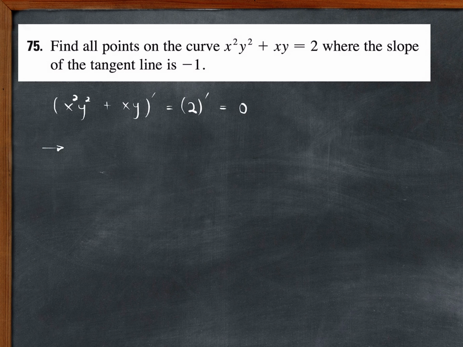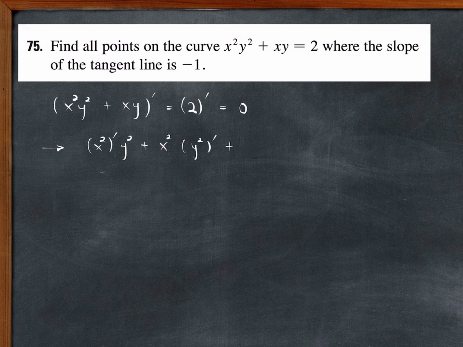To differentiate x squared y squared, we need to apply the product rule. So we differentiate x squared first, times y squared, plus x squared times the derivative of y squared.